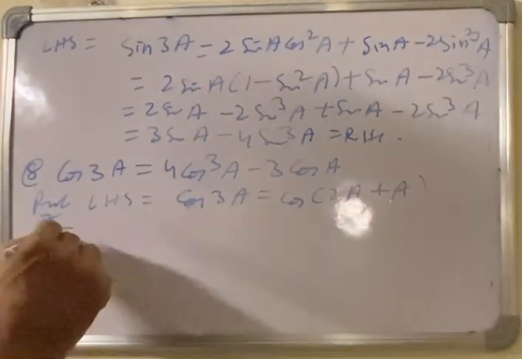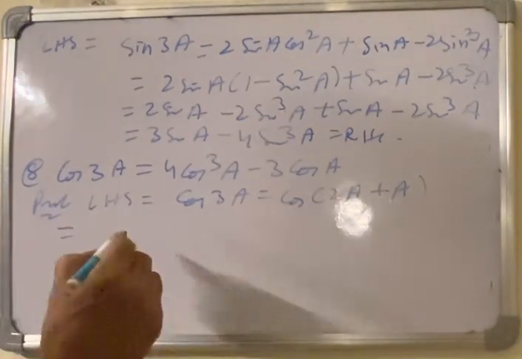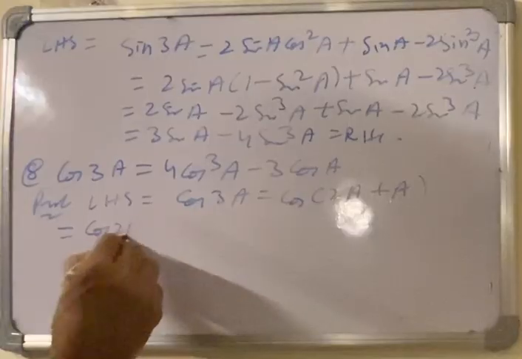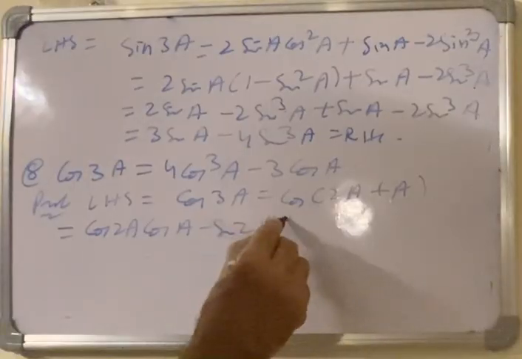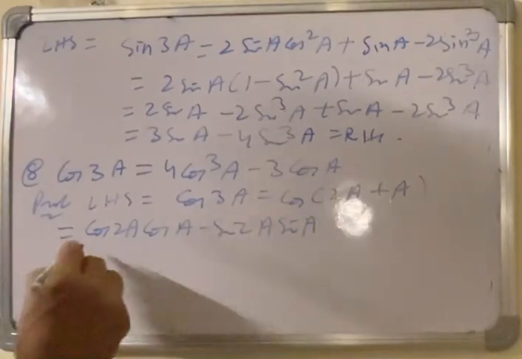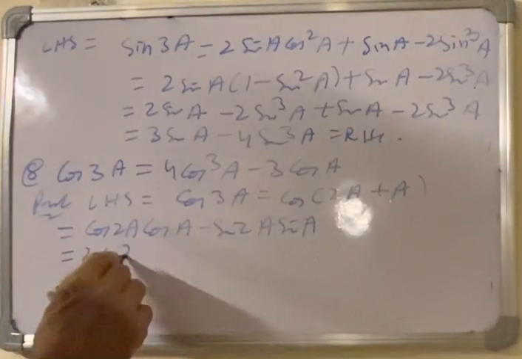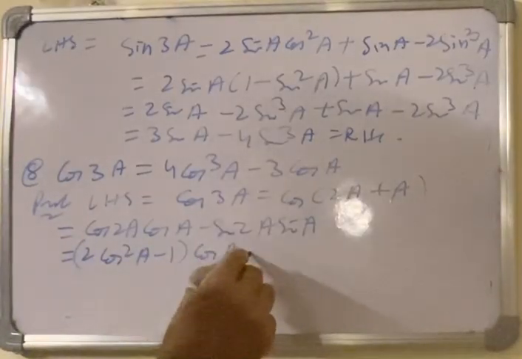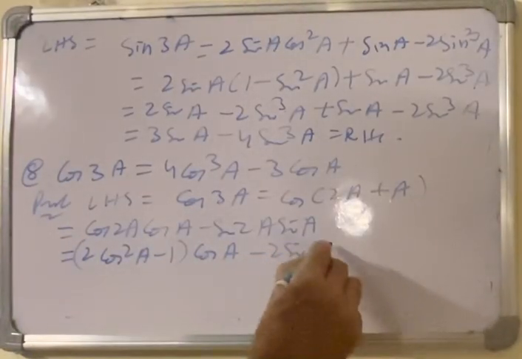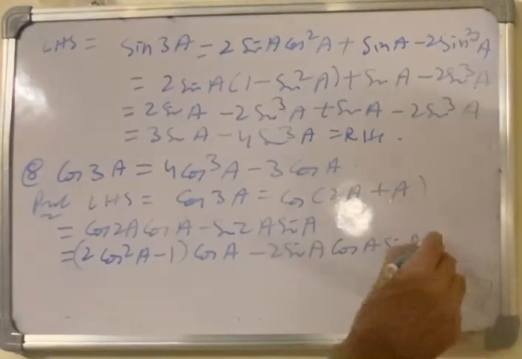We know that cos a plus b is cos a cos b minus sin a sin b. So this is cos 2a cos a minus sin 2a sin a, and cos 2a we shall write as 2 cos square a minus 1, into cos a, minus 2 sin a cos a into sin a.